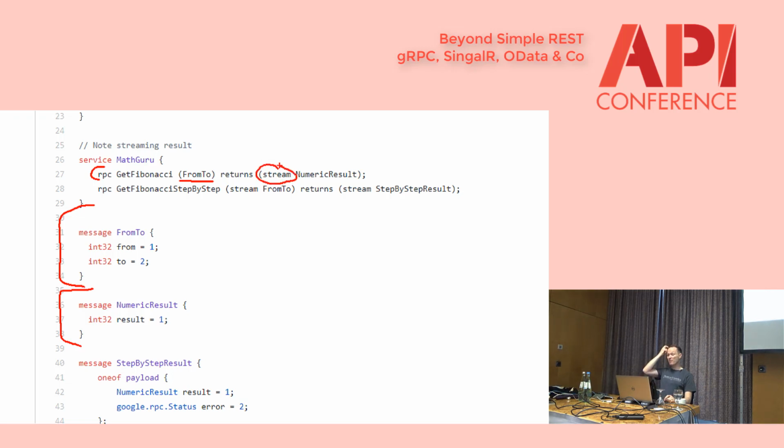That is specific for gRPC. We return a stream of numbers, because in my example, I thought just calculating Fibonacci numbers is kind of boring. We will simulate a more complex calculation algorithm. So in our application, between each Fibonacci number, we will wait for a bunch of milliseconds, and we will stream step by step the results back to the client. The only thing you need to write here is just stream, and that's it.